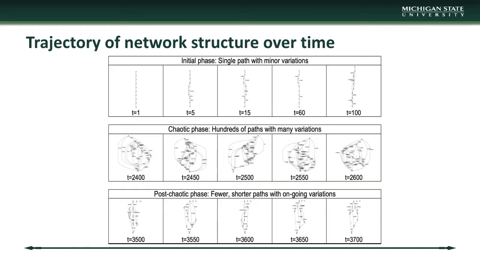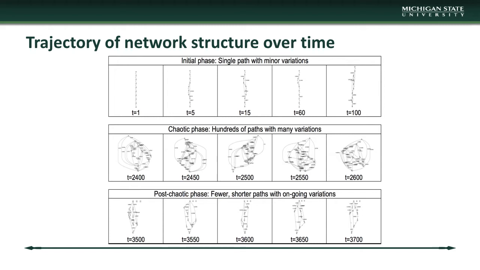So you can look at the trajectory of the network structure over time. And those of you that are familiar with the dynamics of social networks have seen things like this. At time one, you might start with just a simple, straight, happy path. And over time, through variation, the network gets more complex.